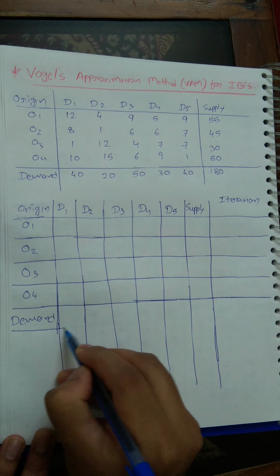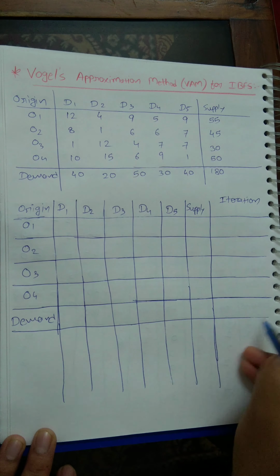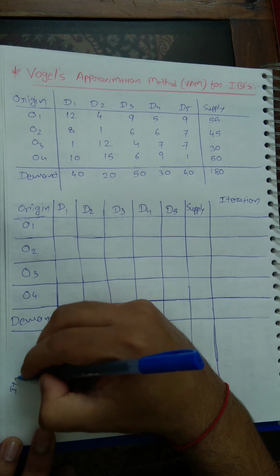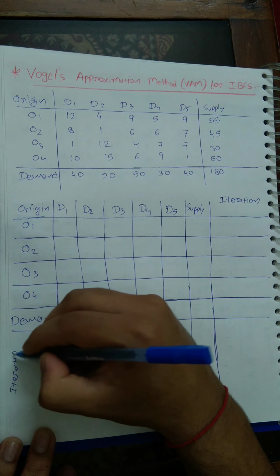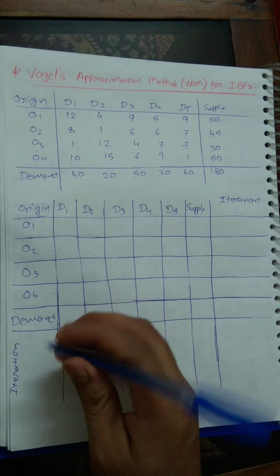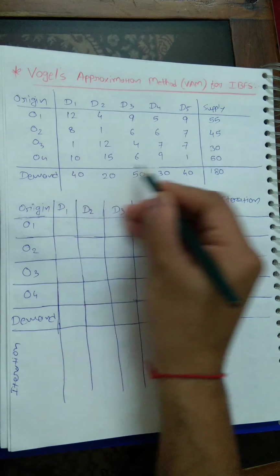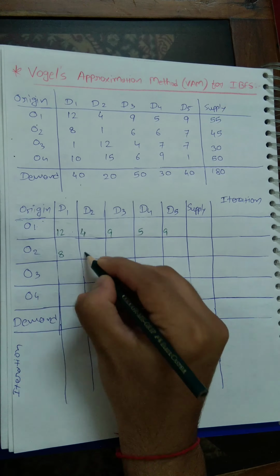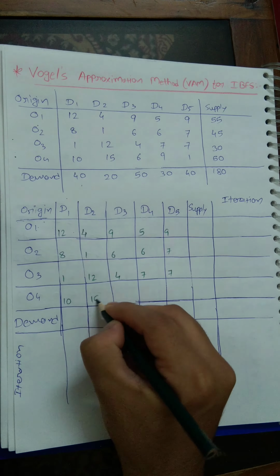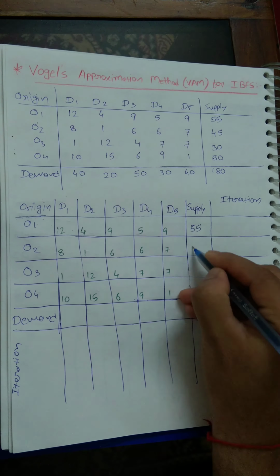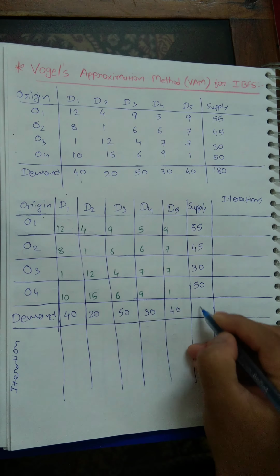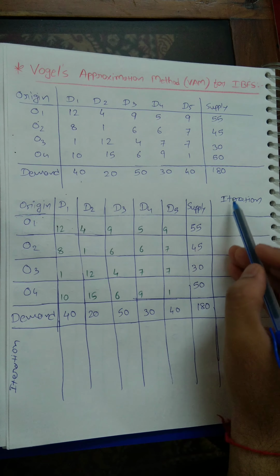Sometimes iterations are called penalties. Basically we will take the penalties of two least costs. So rewriting the cost elements and supplies and demands as shown, we will now proceed with the iteration.